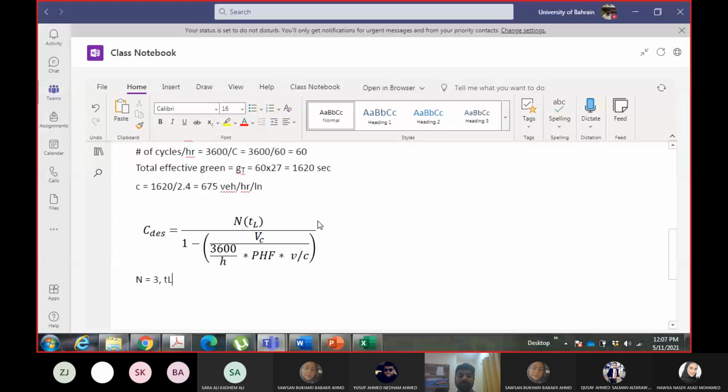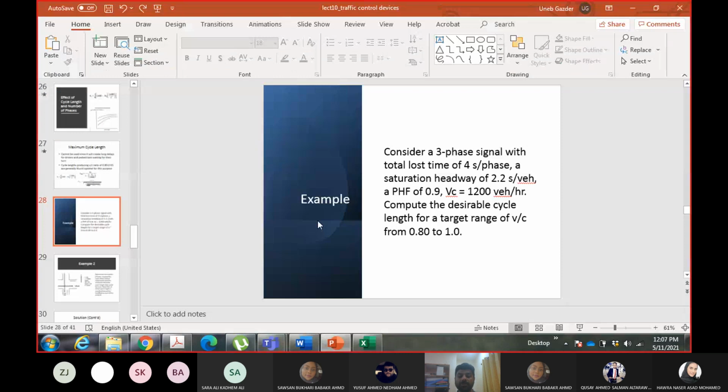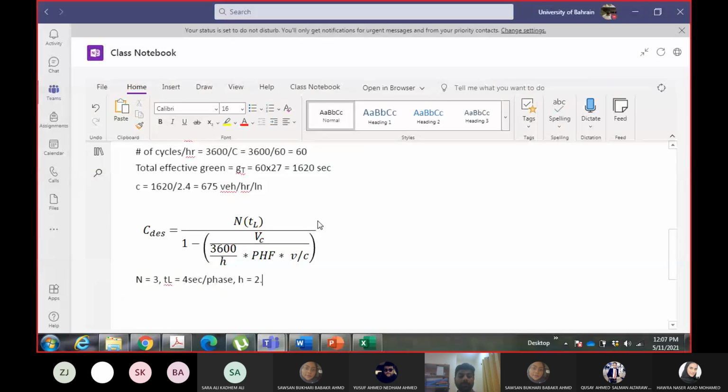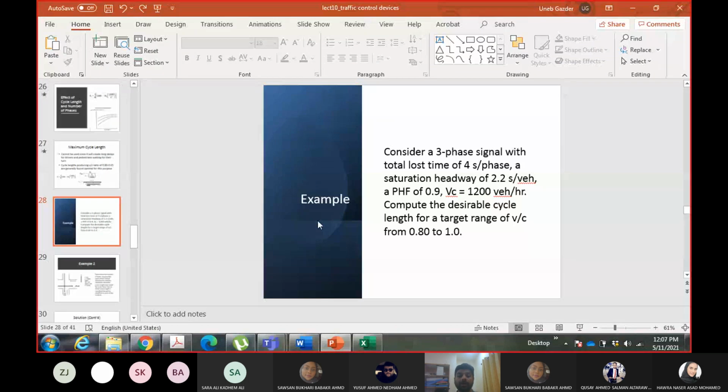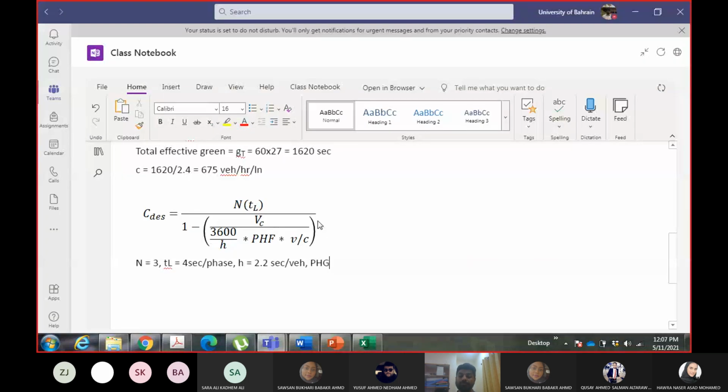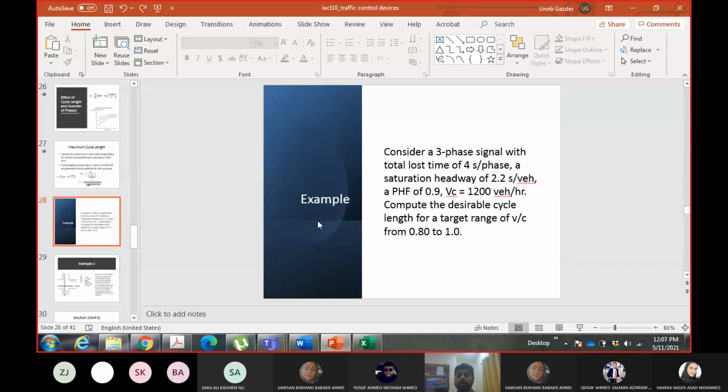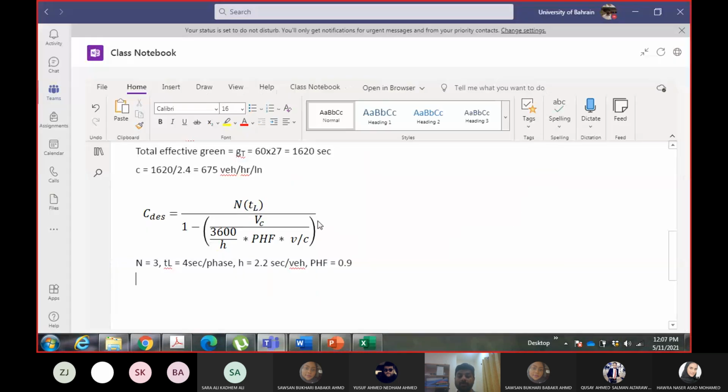Loss time per phase, 4 seconds per phase. Saturation headway, 2.2 seconds per vehicle. Peak hour factor, and VC is 1200.